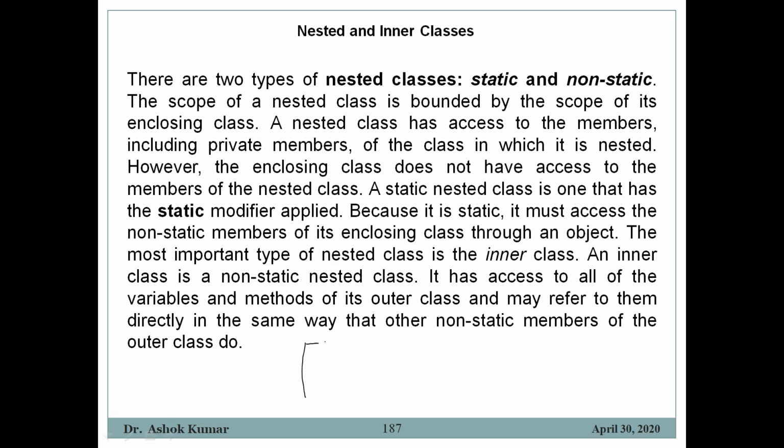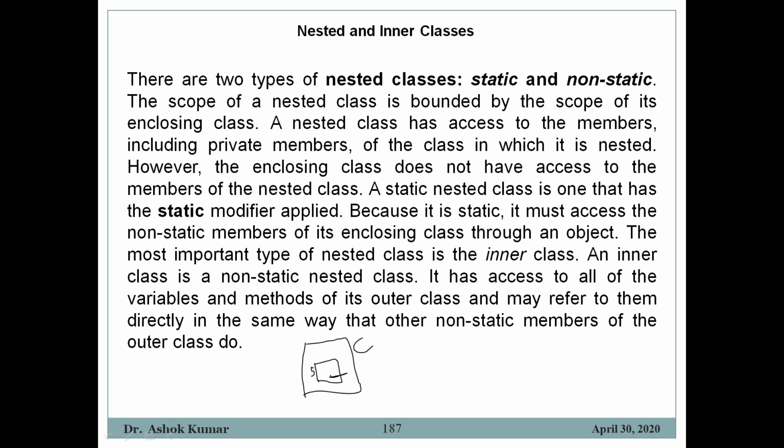So this is the class, let's say, and this class is, let's say, C. Inside it we can write another class, and let's suppose its name is S. So S is the nested class, and this one we can call the outer class. The S class that is nested inside C can be a static class or non-static.